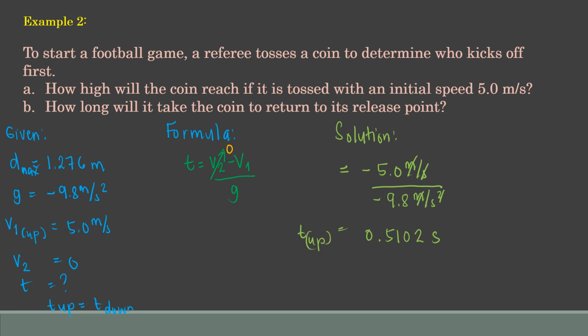If we want to know the time for the coin to return to its release point, we need to get the total time. And how are we going to get that? We know that the time to go up is equal to the time to go down. So for us to be able to get the total time, we can just simply multiply this by 2.